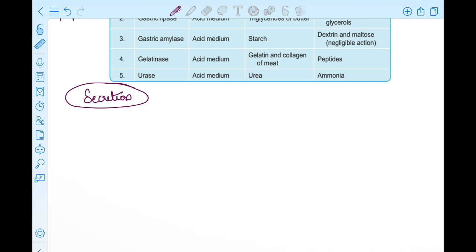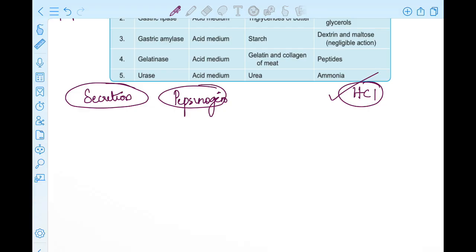But we know that gastric juice is made up of several enzymes and factors and also HCl, right? So we have to take two things separately. We have to study the secretion of pepsinogen separately and hydrochloric acid secretion separately. The secretion of HCl is a very important topic. I'll take that in detail.